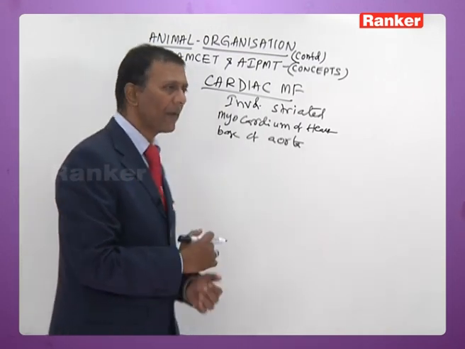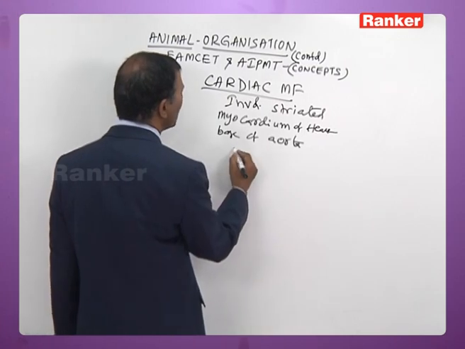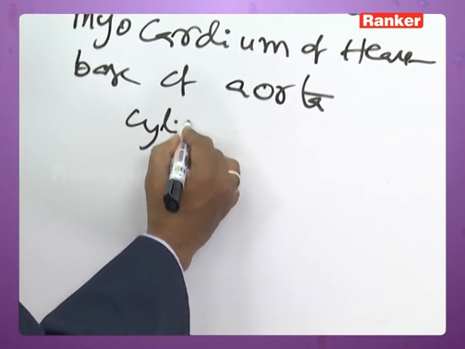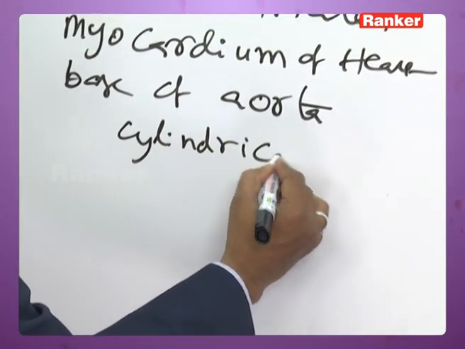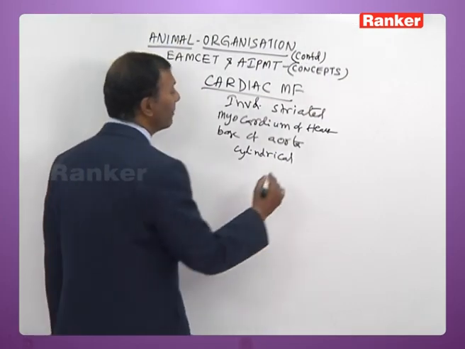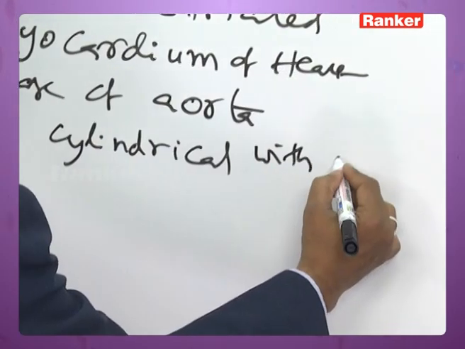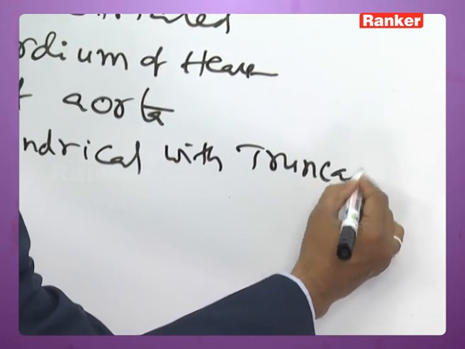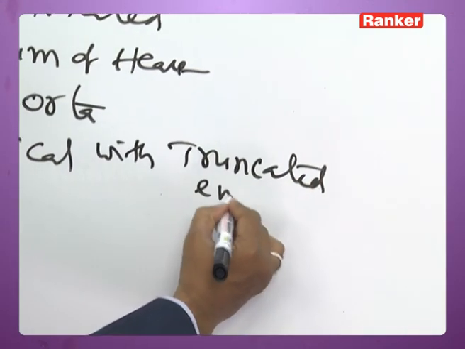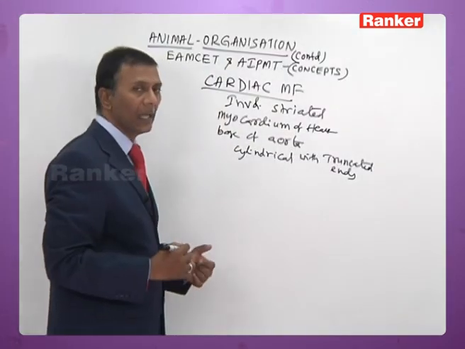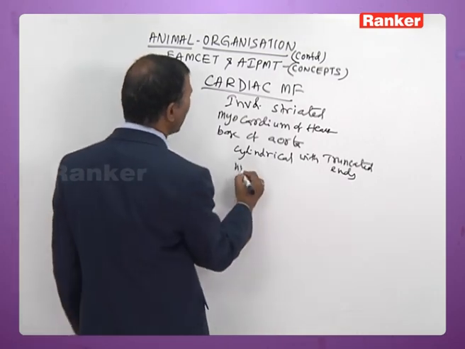Each cardiac muscle fiber is again cylindrical, like that of skeletal muscle fiber, with truncated ends. They are uninucleate or binucleate.